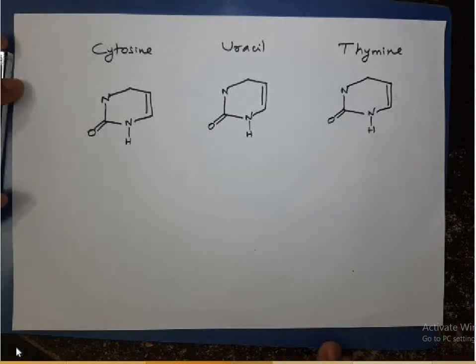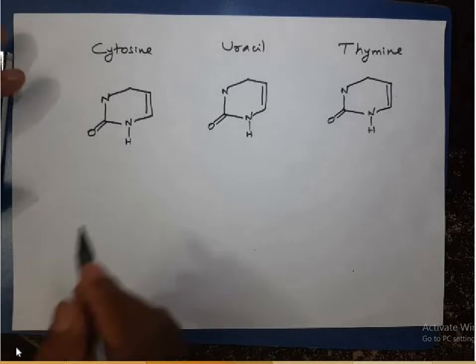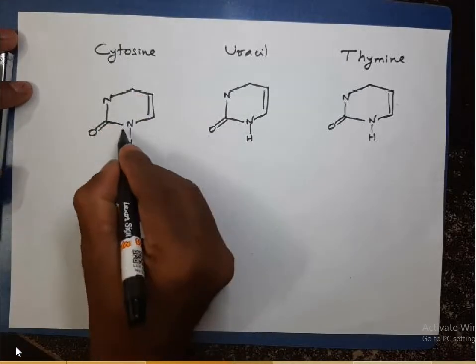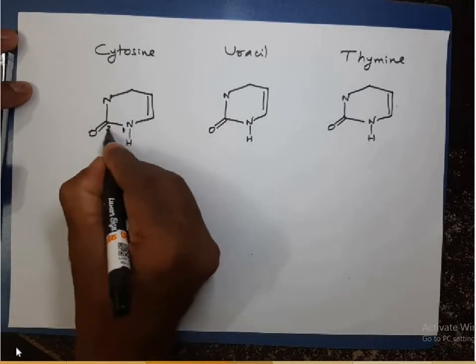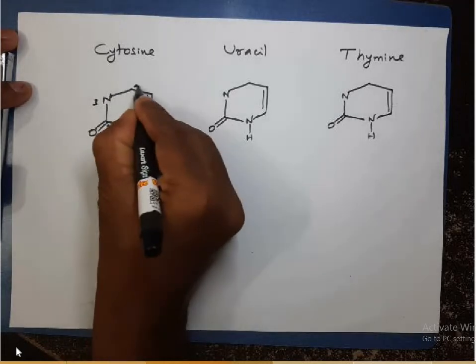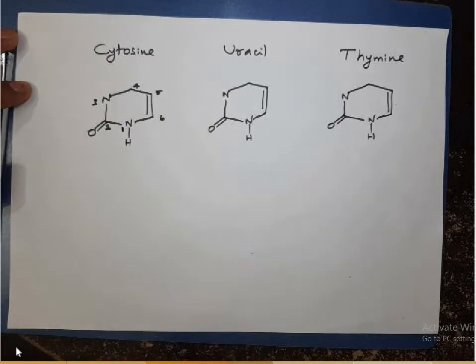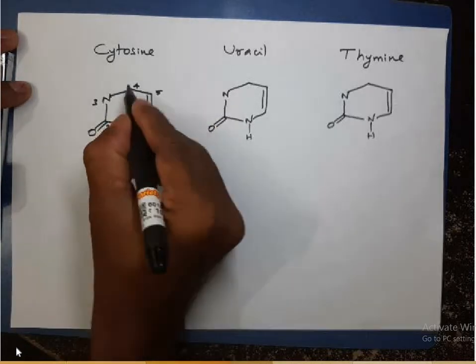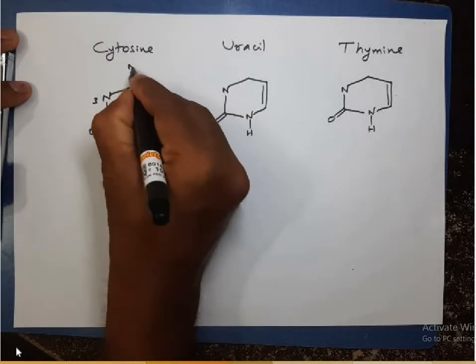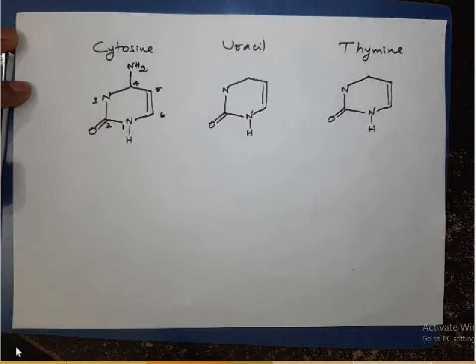Now I am going to make some substitutions. In cytosine, see, this is number 1, this is number 2, this is number 3, this is number 4, this is number 5 and this is number 6. You just give the numbers in anti-clockwise direction. In 4th position, I'll put an amino group.